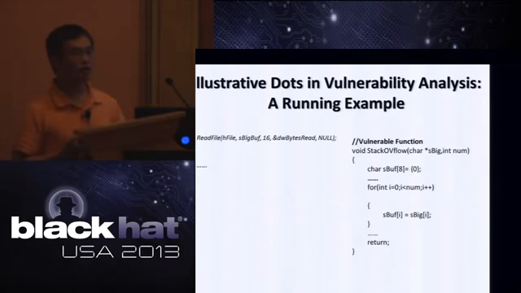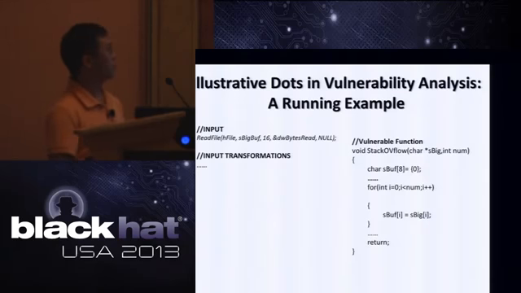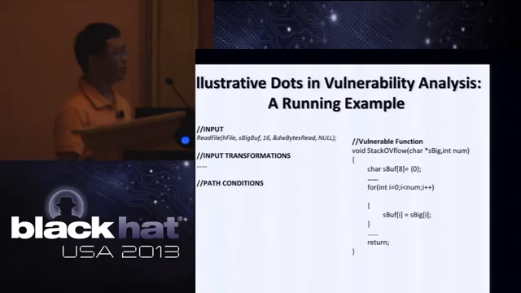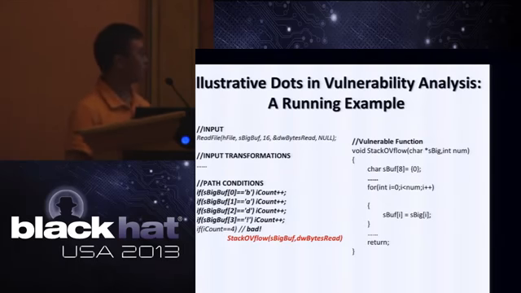Let me introduce a running example, a very simple example, just to help you understand the concept of our approaches. This example starts with input from a file. It might go through some input transformation, and when certain path conditions are met, it might trigger a vulnerable function.